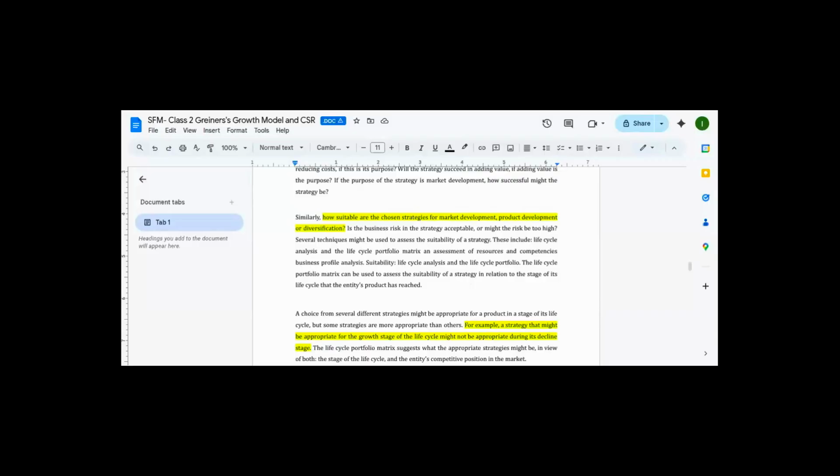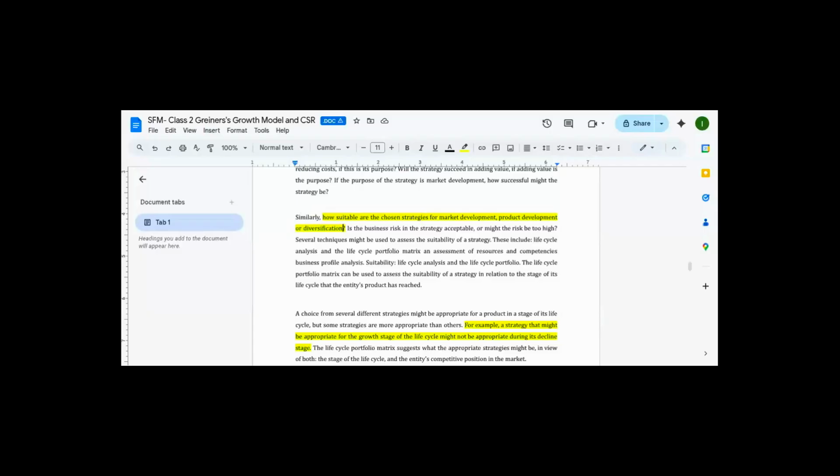At the same time, that strategy too must be set within a reasonable risk limit. For instance, let's proceed. In this paragraph we have, similarly, how suitable is the chosen strategy for market development, product development, or diversification?